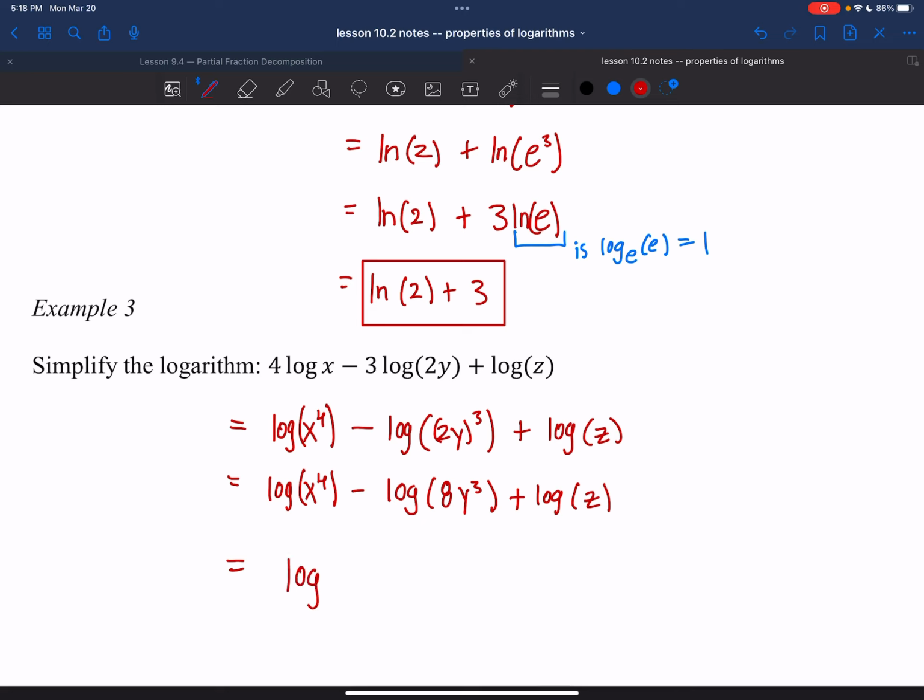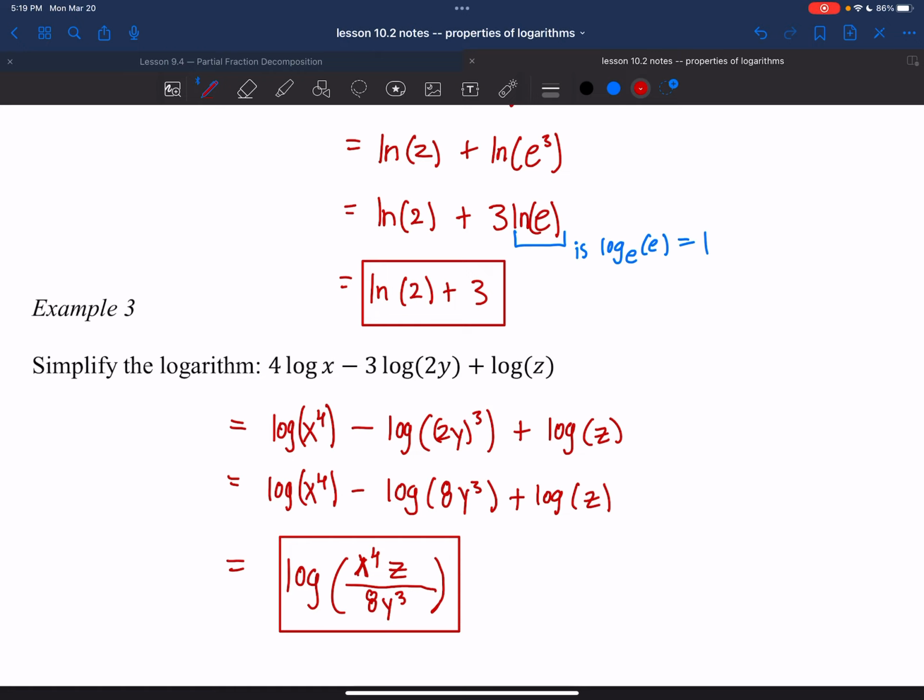I say log of x to the 4th is going to be on the top, and then you're going to have 8y cubed in the bottom, because that's the quotient part. But then it says plus log z. Well, that's just going to go back up on top with x. This is being multiplied with x. And that's it. You have put together the log.